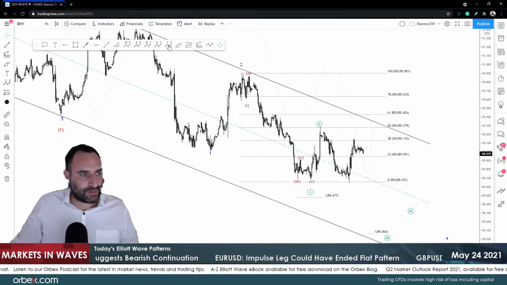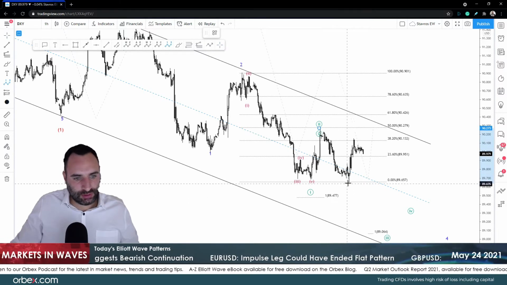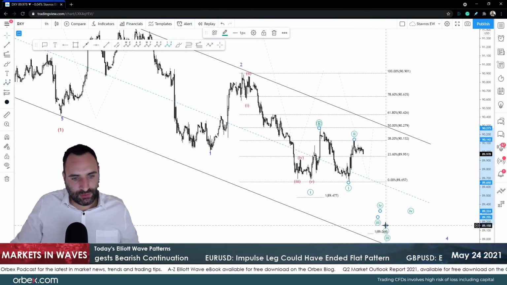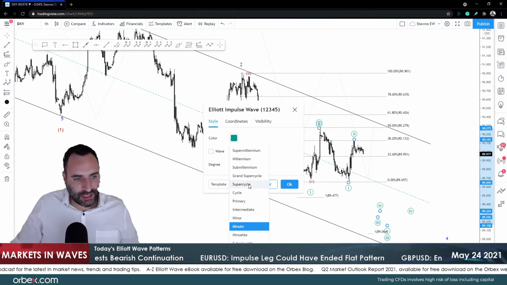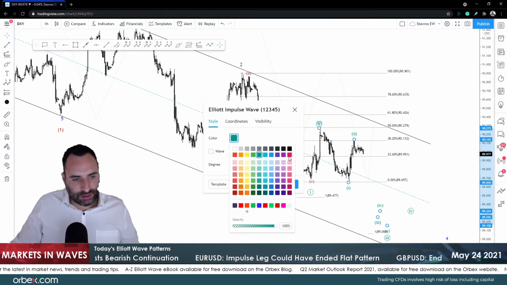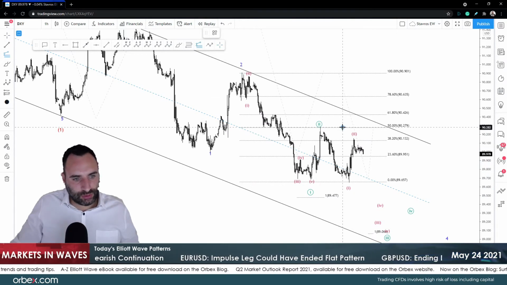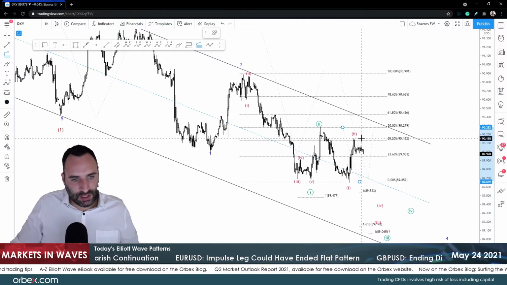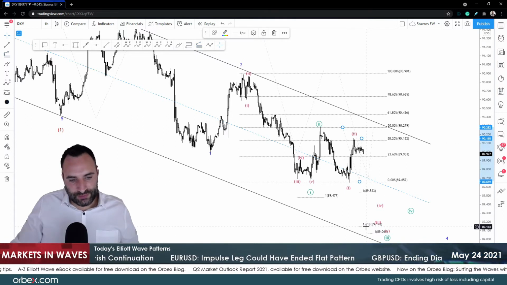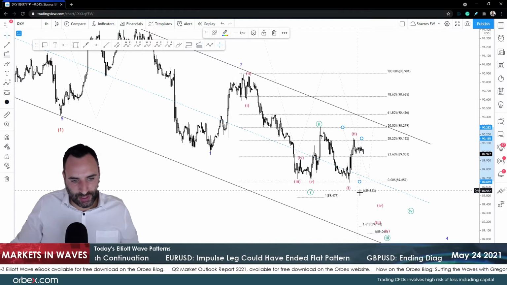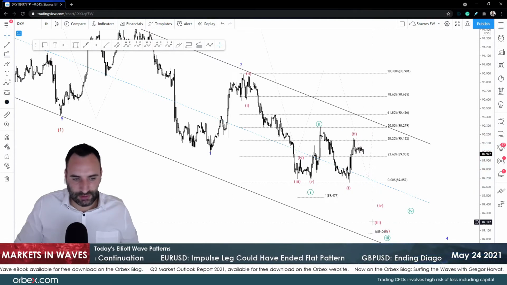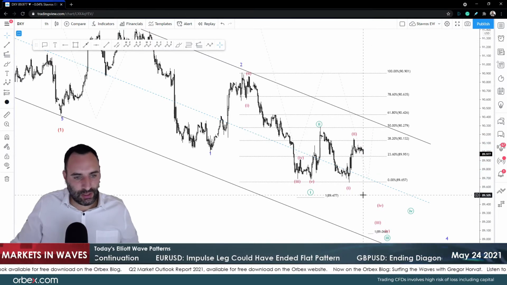And assuming this is 1 and 2, 3, 4, and 5 makes good sense structurally speaking, because our wave 1 and 2 here, if it's done, the 161 for wave 3 is around the 89. So it makes good sense that wave 5 of this ends around the 89. So let's really see how it pans out.